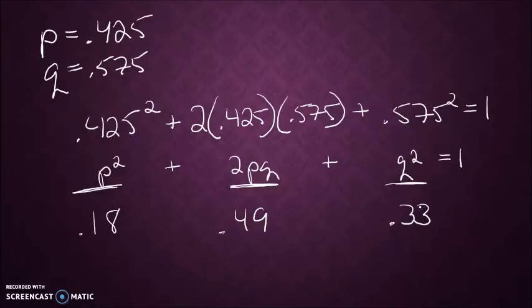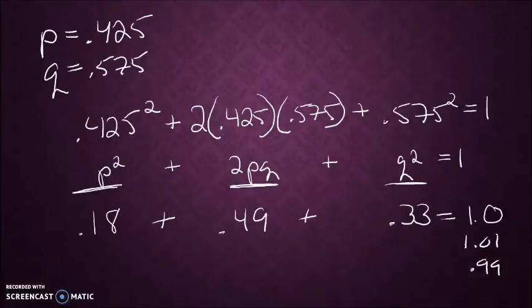Remember that p squared is really p times p, and q squared is q times q. But just for a double check, I'm going to add these together to make 100% sure they equal 1, which in this case they do, 1.0. Now, occasionally, because you're rounding, you may end up with 1.01, or you may end up with 0.99.